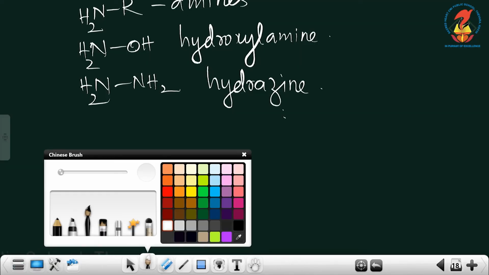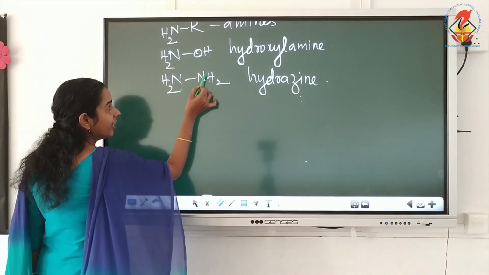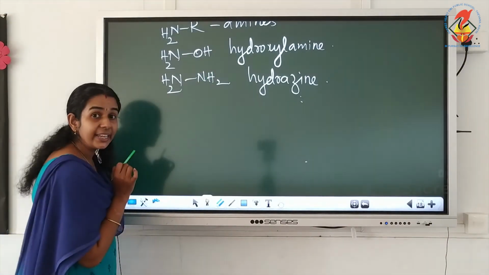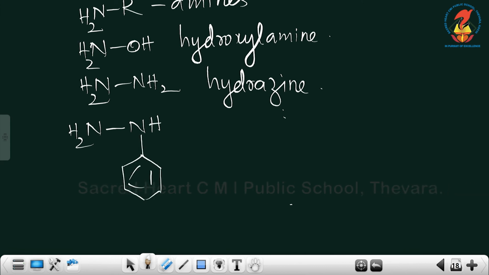Next, we have derivatives from hydrazine only. If I am replacing one hydrogen from here by a benzene ring, how will the structure be? NH2, and if I am replacing one hydrogen from here, this NH2 will become NH, isn't it? By a benzene ring.